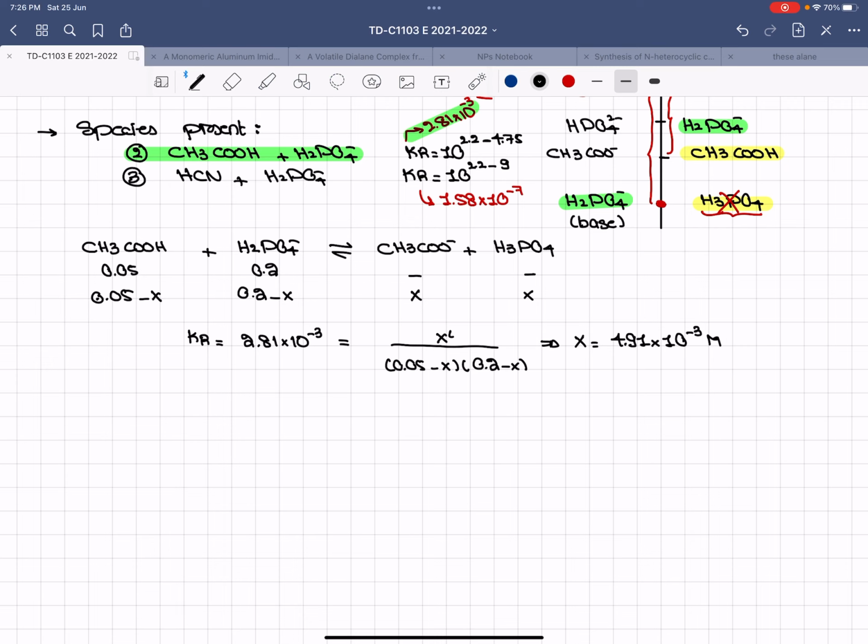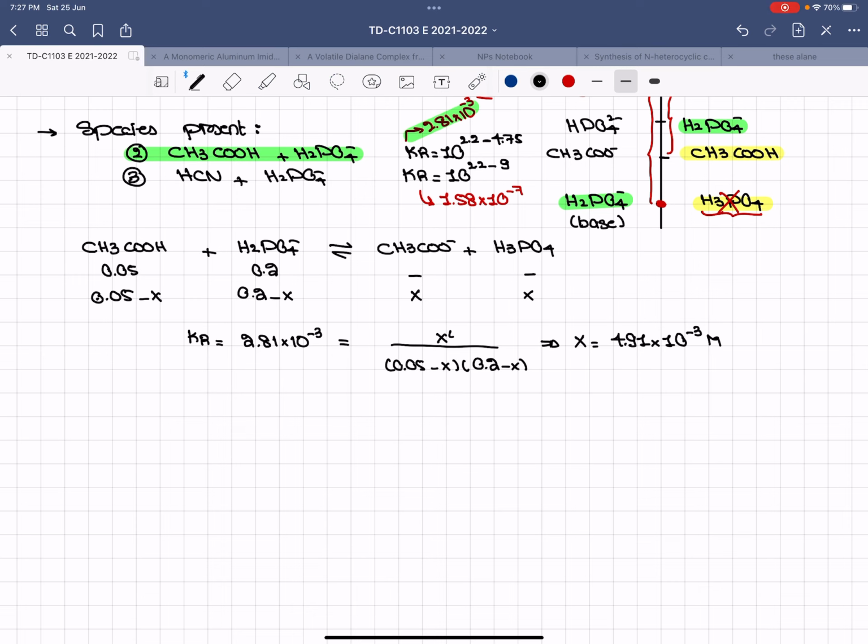Remember, neglect x if you reach 10 to the power negative 4 and smaller. If you are larger than 10 to the power negative 4, I prefer that you do not neglect x. Anything between 10 to the negative 4 and 10 to the 4, do not neglect x.